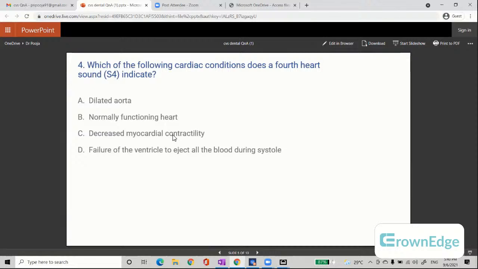Decreased myocardial contractility. We are not talking about myocardial contractility, right? We are only talking about the atrial contraction that happens during ventricular filling, right? So this cannot be the answer. Then failure of ventricle to eject all blood during the systole.